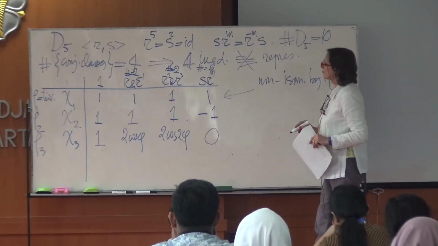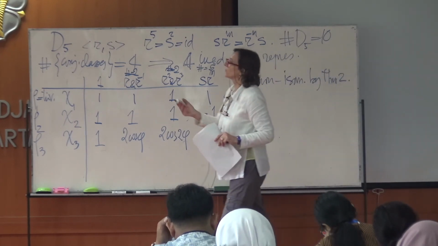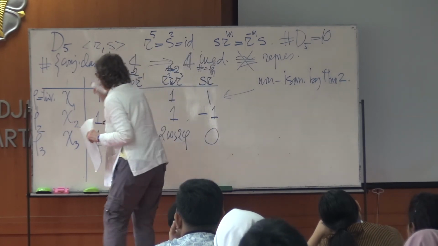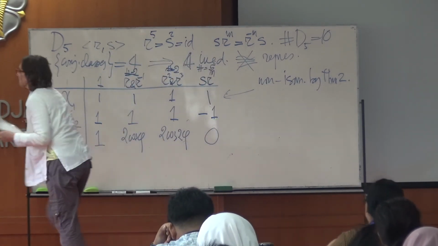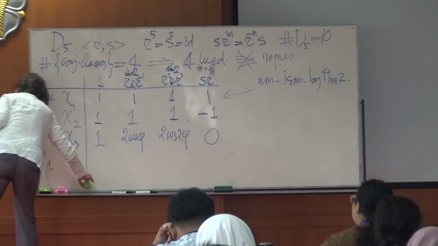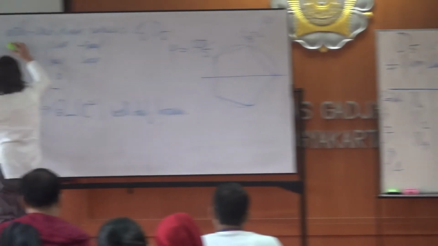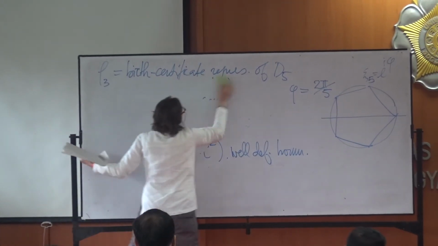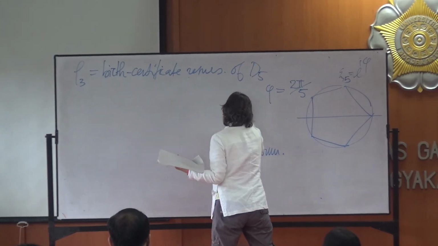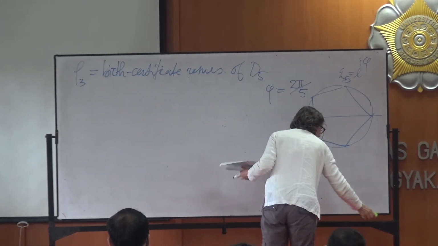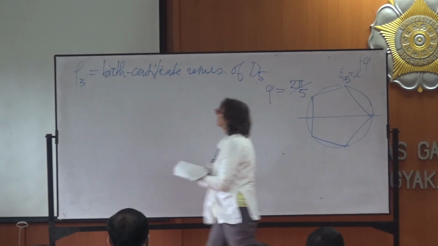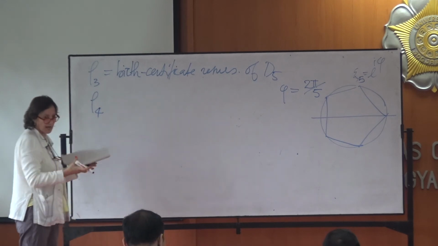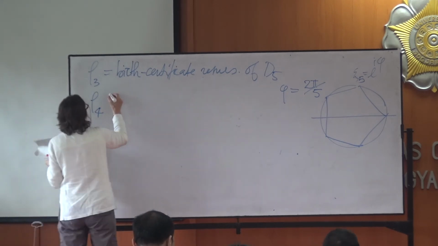And now we have chi4, which is just a power of this in some sense. So rho 4 is again assigned on the generator, and then we should check that it is indeed a well-defined homomorphism.